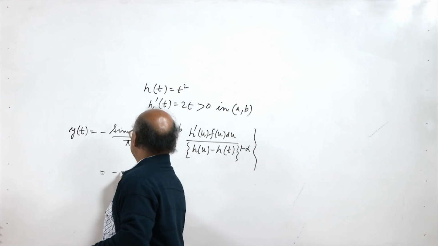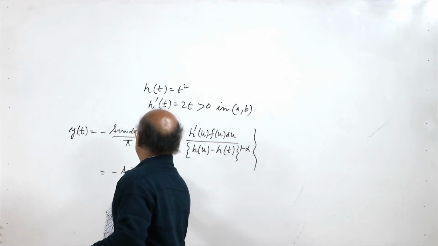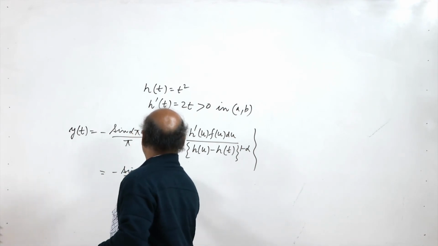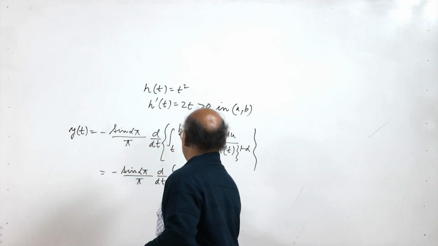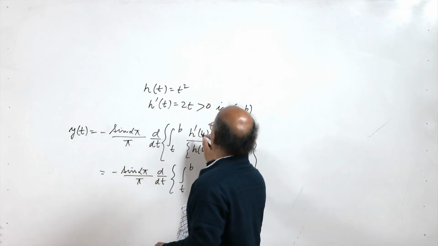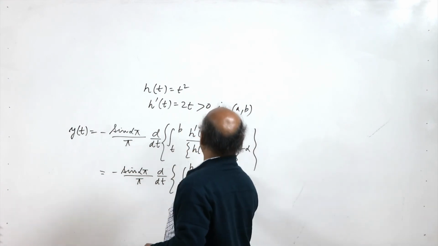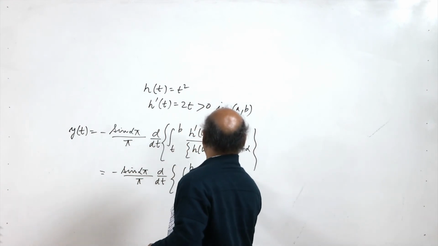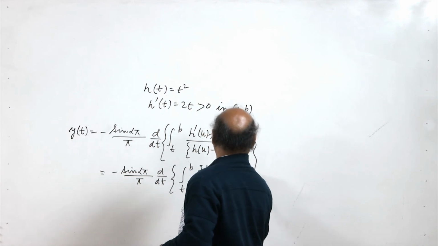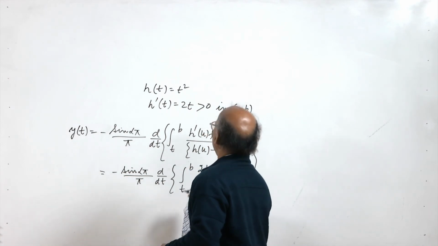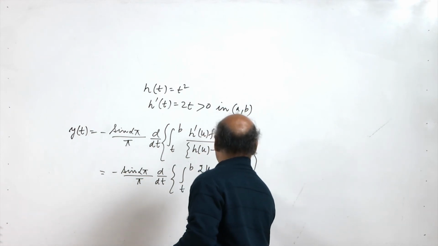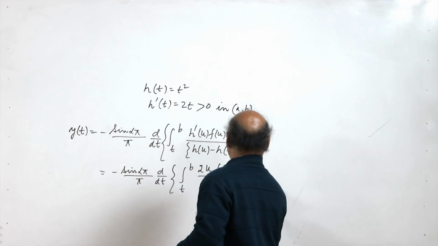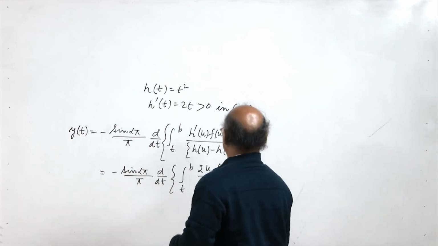So this is minus sin(alpha pi) divided by pi, d over dt of the integral from t to b, where h prime(u) is 2u, so 2u f(u) du divided by (u square minus t square) raised to the power 1 minus alpha.